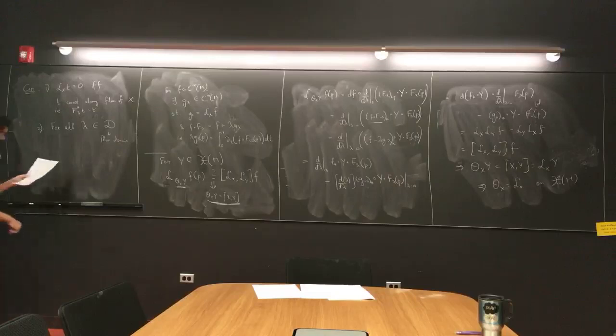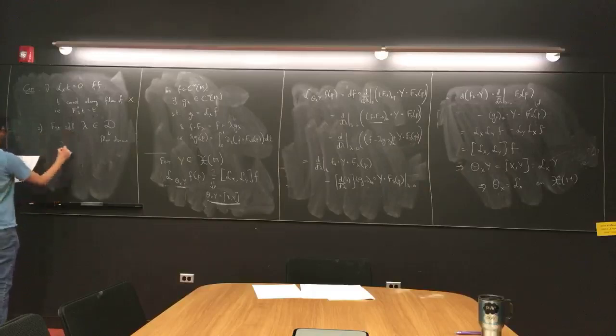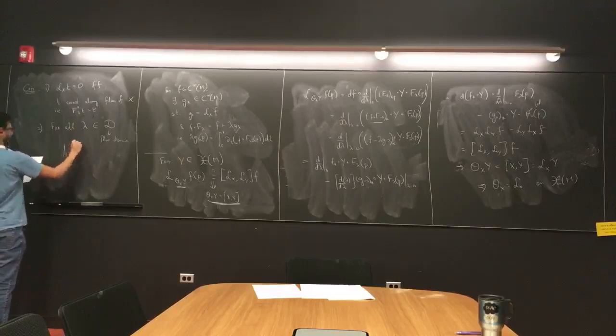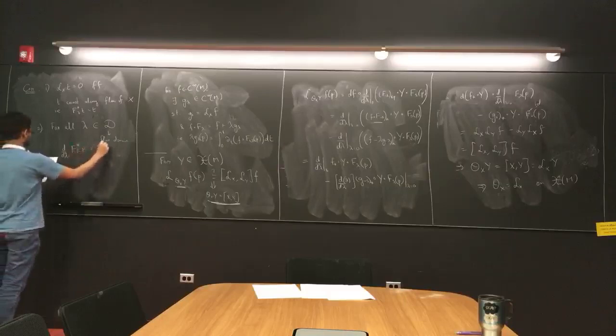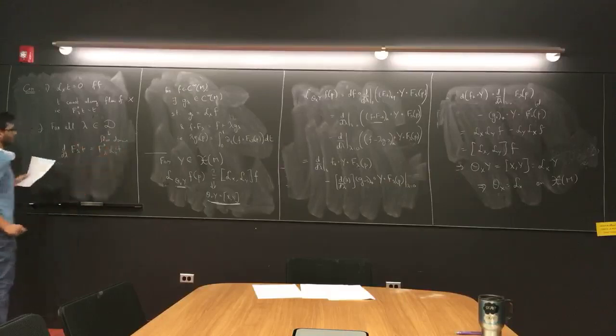So I'll get there. Secondly, for any lambda in the flow domain D, you also have d by d lambda of f star lambda of t is equal to f star lambda of the Lie derivative of t with respect to x. This is just the chain rule.